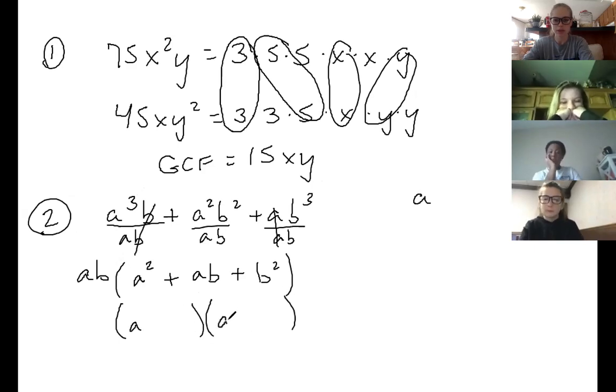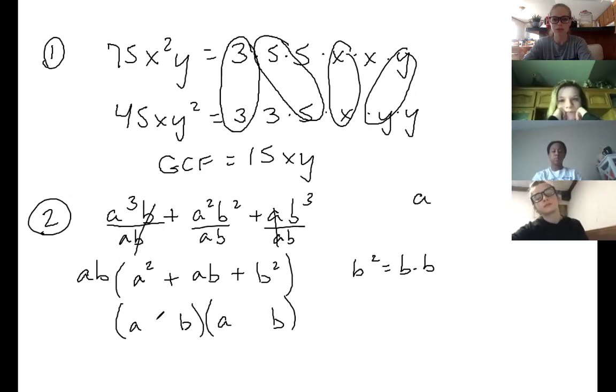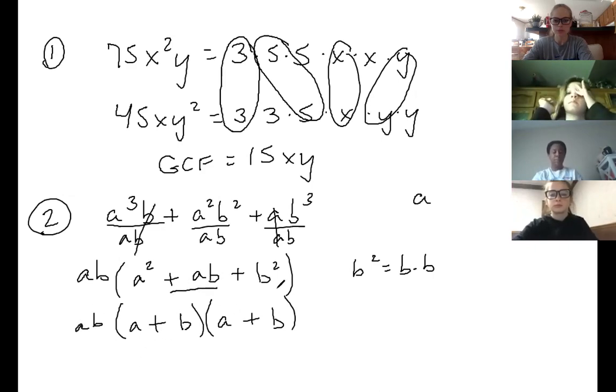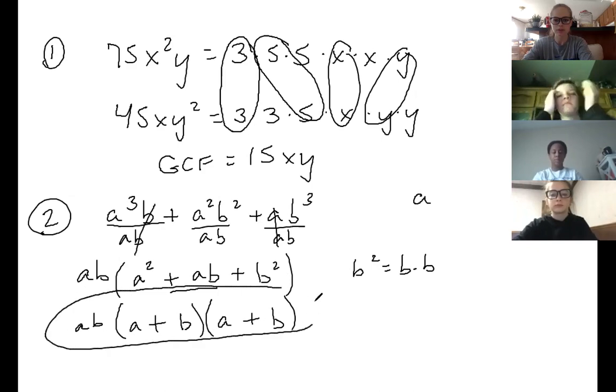Start out with A and A. All right, and then what are factors of B squared? Well, that would just be B times B. So B times B needs to be a positive because, again, I need to get that as well too. So here is my final answer right here.